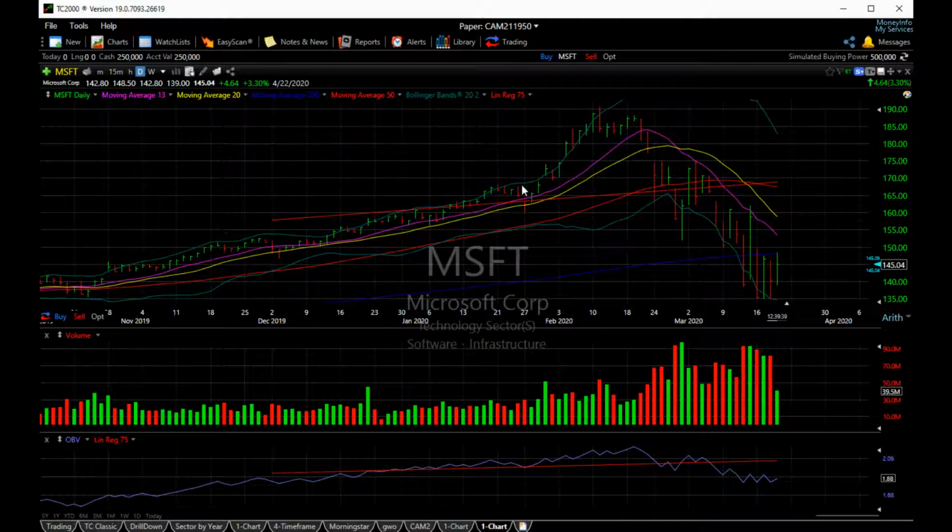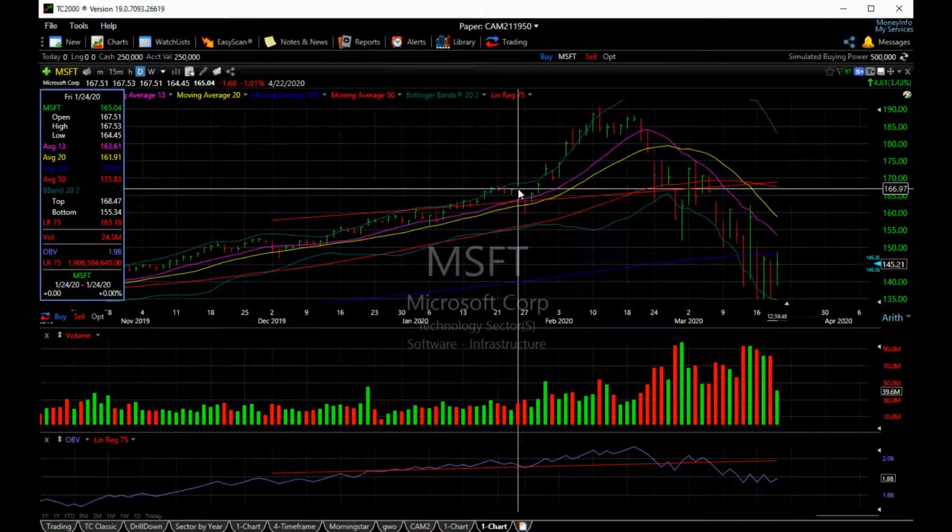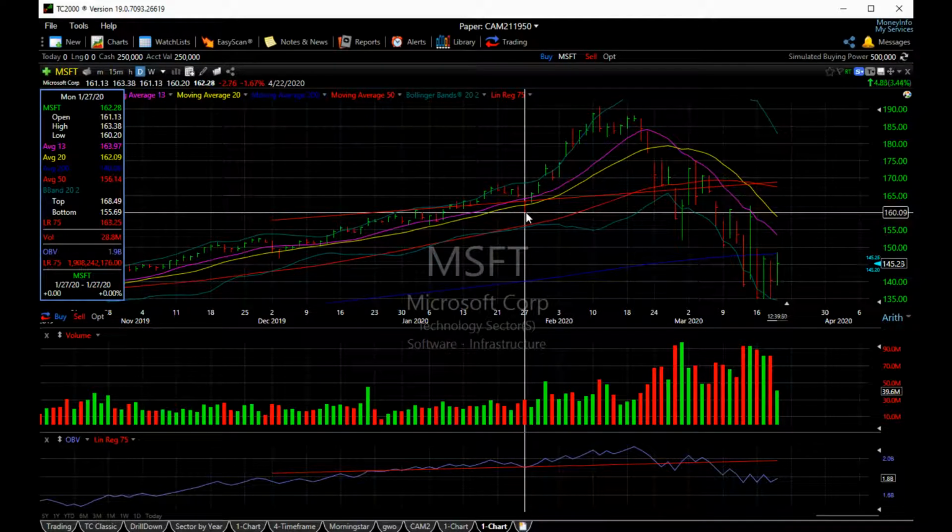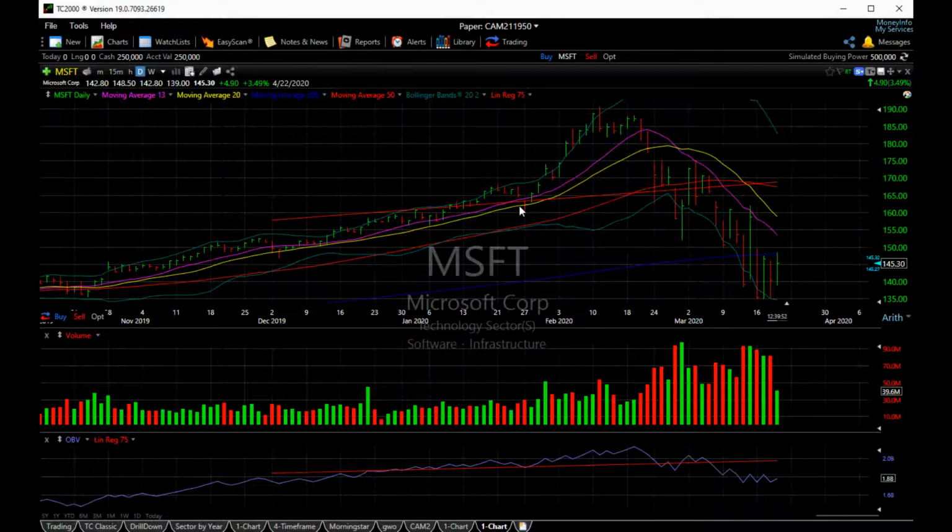On the other hand, we're also at the top Bollinger Band, expecting it to revert to the mean, which may not look like very much, but it's a move from 167 down to 160. That's tradable. It's uncomfortable if you're long, but it didn't really break. And as you can see, as it moved down, it came right back down to the regression line.